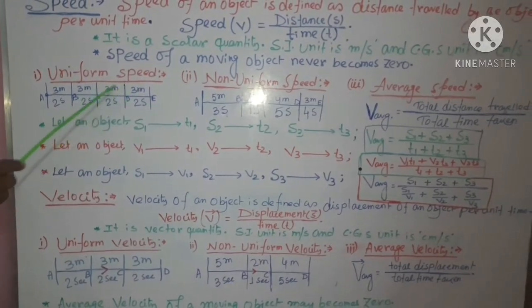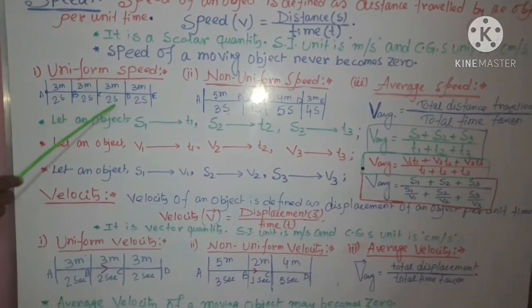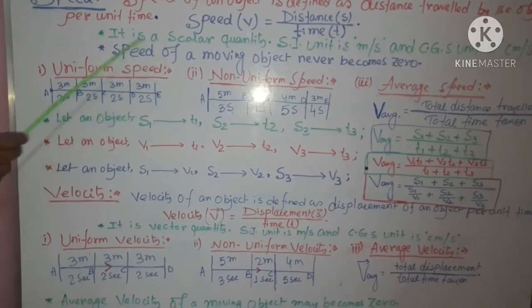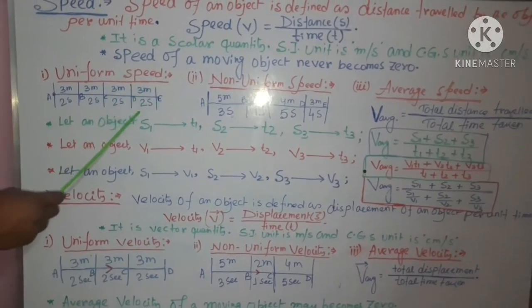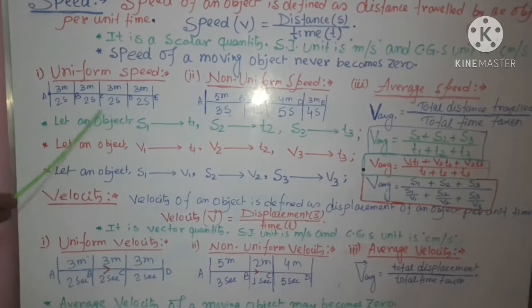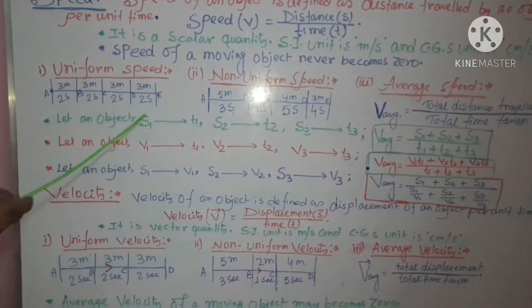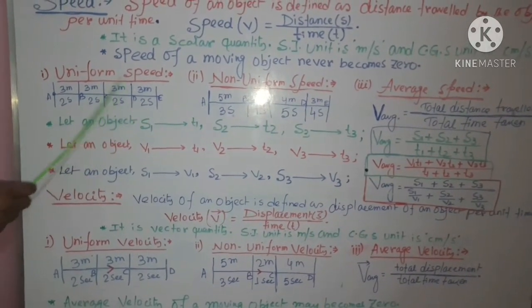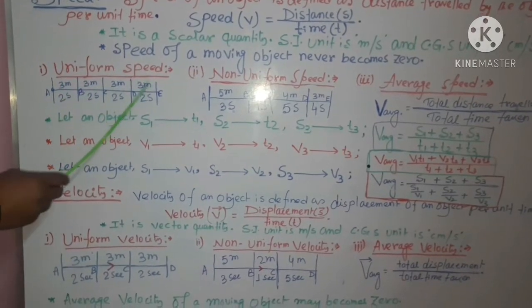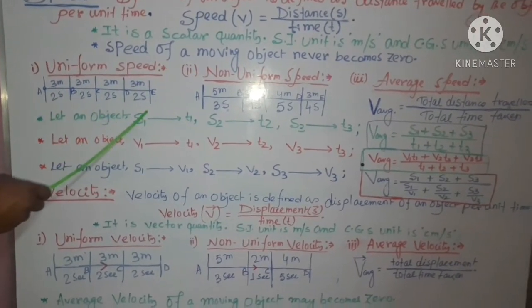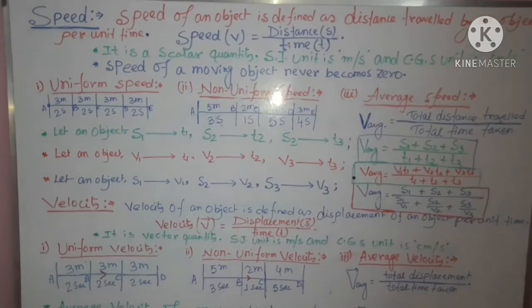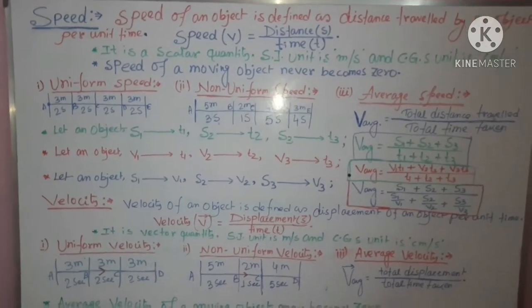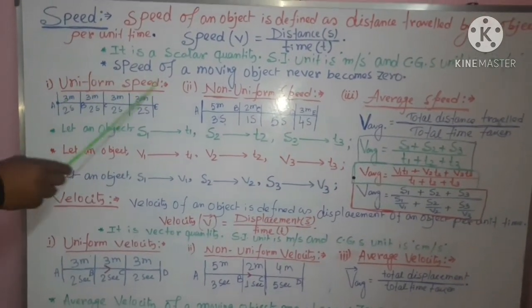C to D distance is 3 meter, time is 2 seconds. D to E the distance is 3 meter, time is 2 seconds. So from here we can say, here the object covers equal distances in equal interval of time. So during that type of motion, the speed of the object is said to be uniform speed.